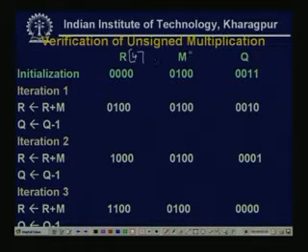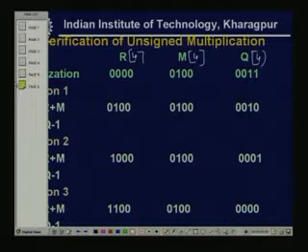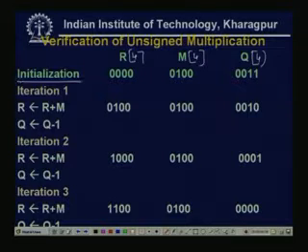Then initialization, we take some actual data. Say R is initially set to 0, so all 0. M is 0 1 0 0, meaning decimal value 4, and Q is 0 0 1 1, meaning the decimal value 3.